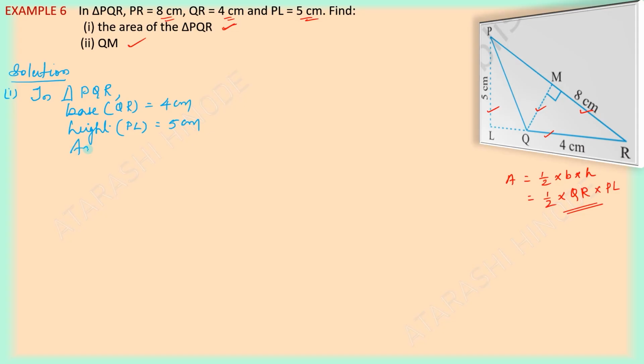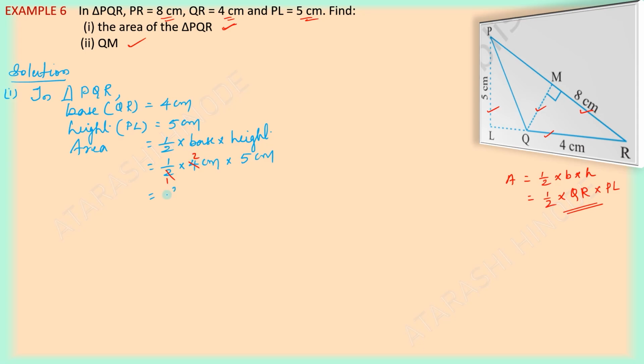Now area equal to half into base into height, that is equal to half into base is 4 centimeters into height is 5 centimeters, that is equal to, here we can cancel 2 and 4, that is 2 divided by 2 it is 1, 4 divided by 2 it is 2.